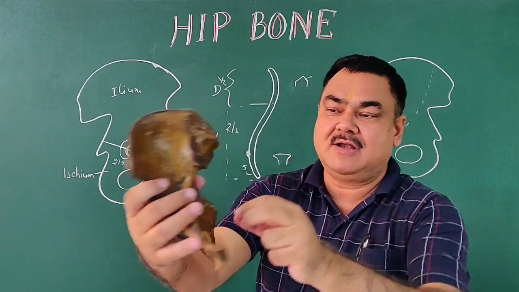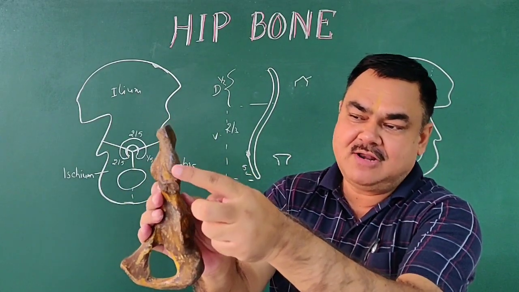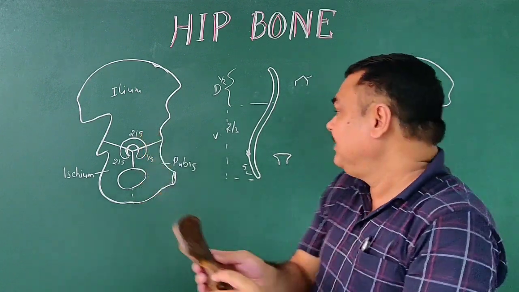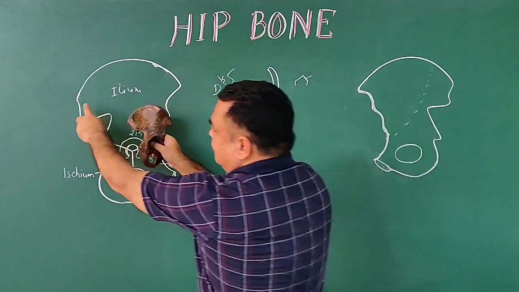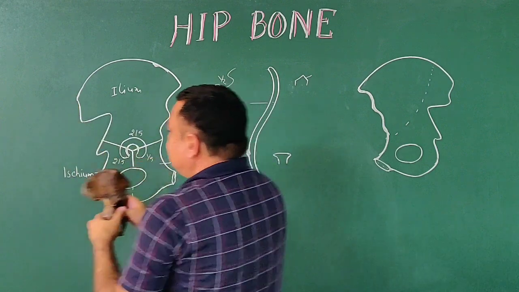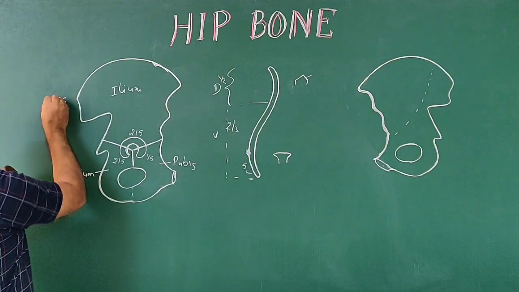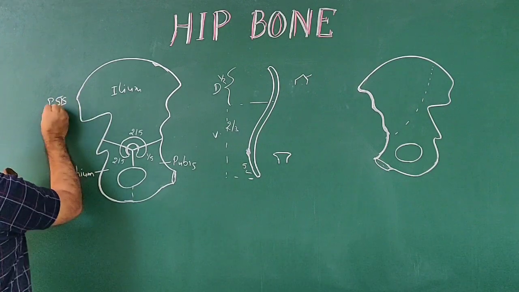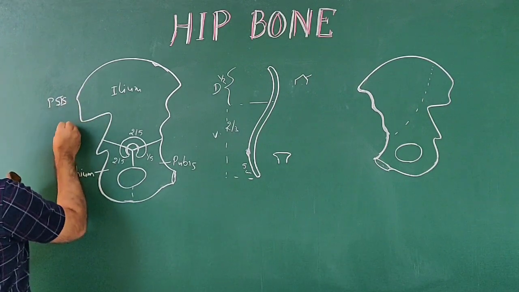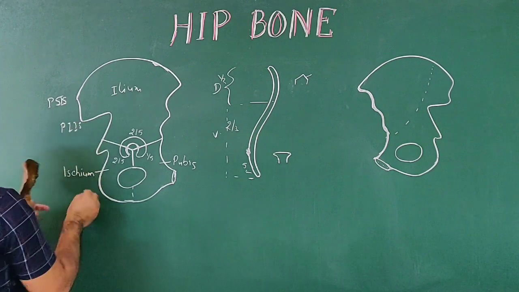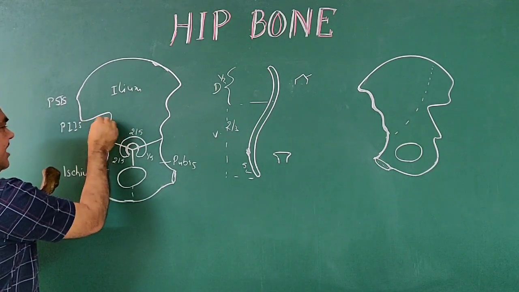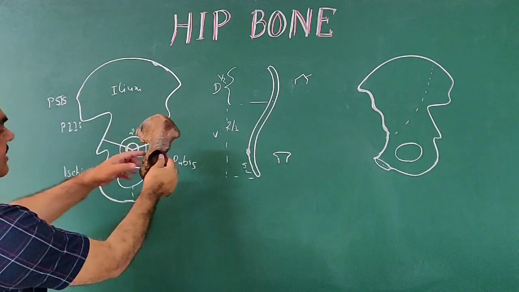If you see the posterior border, turn like this. This is the posterior border. From here, this is the posterior superior iliac spine. This is the posterior inferior iliac spine. And here is the greater sciatic notch.